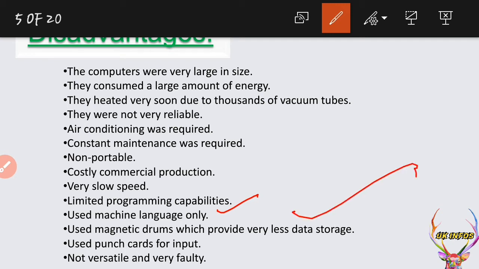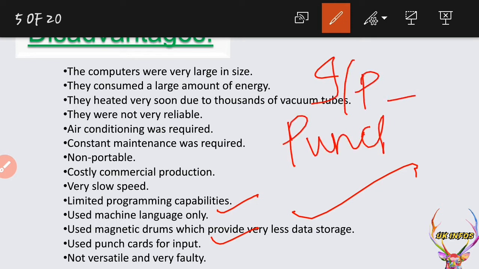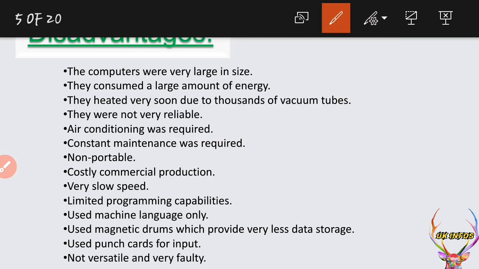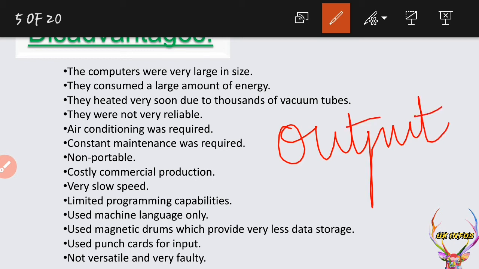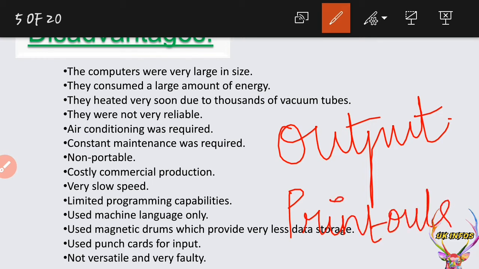For input they used punch cards, and for output they used printouts from the printer. So they used punch cards for input and printouts for output. They were not versatile and very faulty.